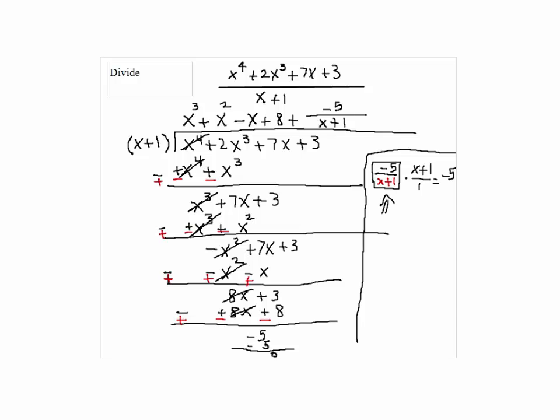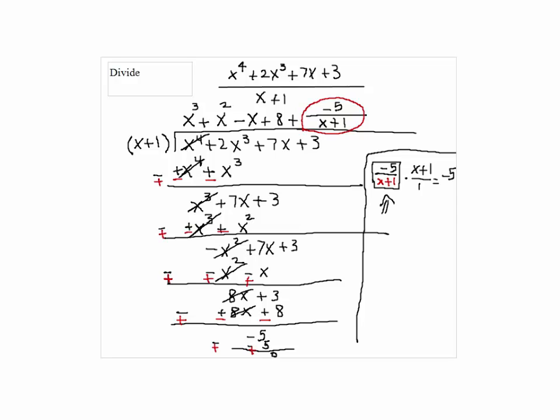So as you see here, we need a fraction. The top of the fraction is always the remainder, which is minus 5, and here we must put x plus 1. When I multiply this fraction by x plus 1, they cancel each other out, and I get minus 5 here.